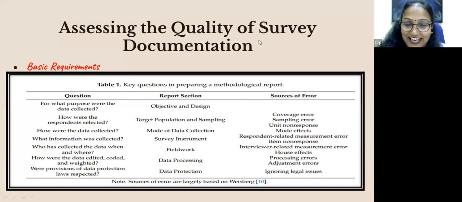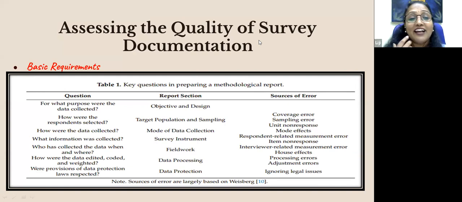Please understand that these women don't even have a place to sleep wherein they can stretch their legs. This is my own experience I'm sharing with you, because this is how the interviewer related measurement error can happen if you don't take care in how you measure the design and objective related questions. It's very, very important.